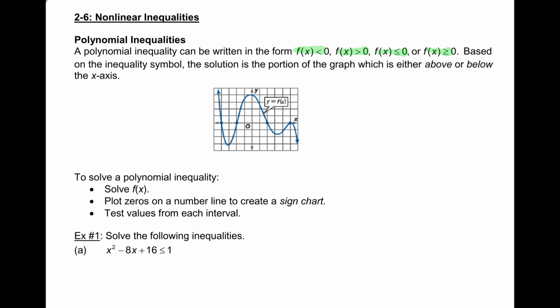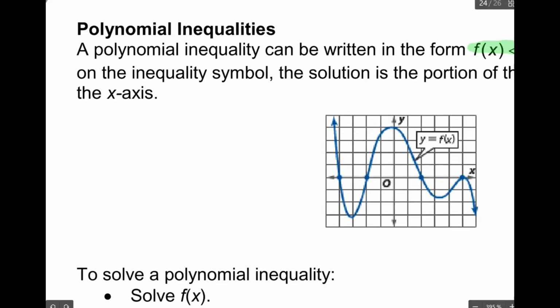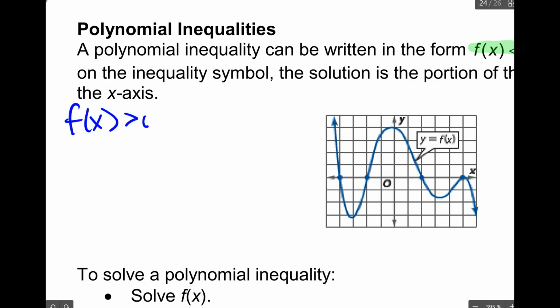Alright, so for instance, in this example, if I had f of x is greater than 0, well, that would mean it would be this portion, only the portion which is greater than 0.